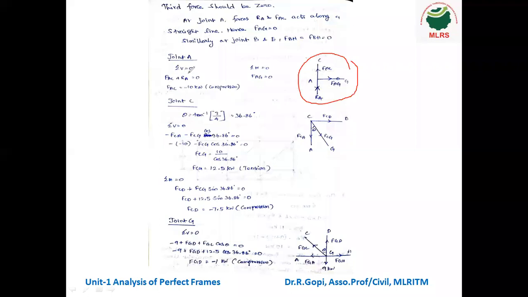First write the summation of equilibrium equation, summation of V. What is summation of V? First we must see only vertical forces. What are the vertical forces acting here? First one is RA and FAC. So FAC plus RA equal to 0.